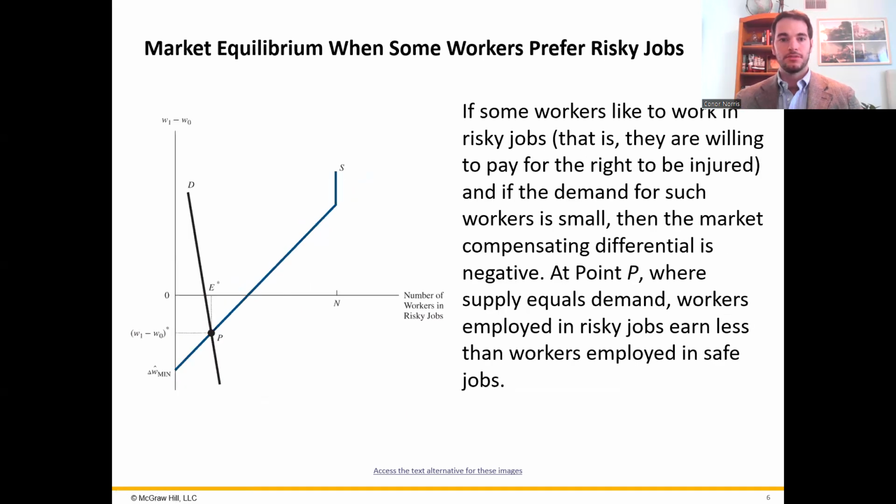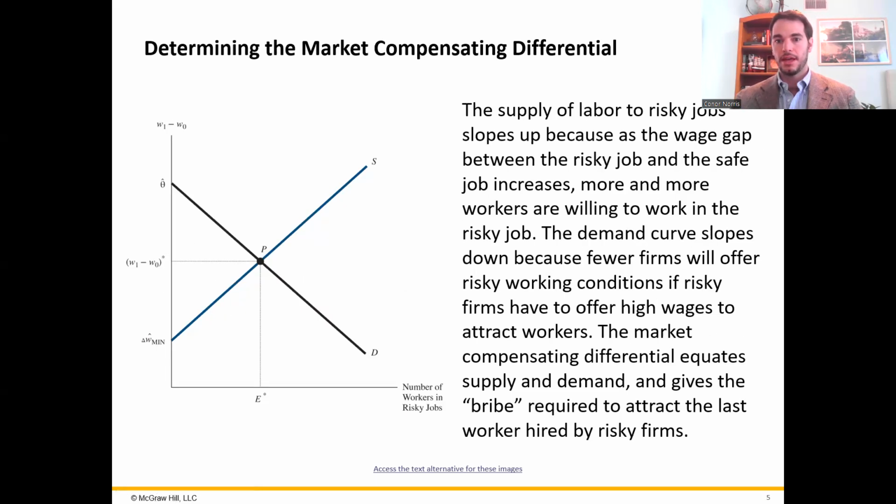But now it takes two to tango, and it takes two sides of the market to reach equilibrium. So let's consider firms. They're going to be the demand curve here, remember. Firms have a choice about the level of safety that they offer or that they require of workers. The firm's choice depends on what level of safety is most profitable. Now, remember, they won't just go to the most lax safety standards possible.